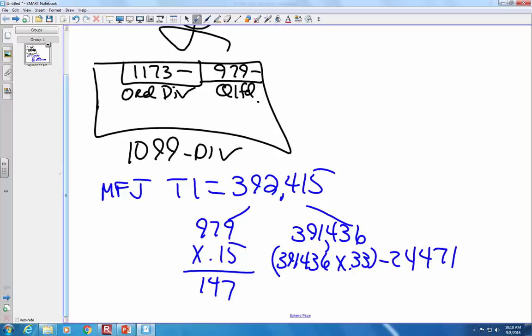And the math is take your TI times 33% and then subtract 24,471, right? So it looks to me like that number is 104,703. So my total tax, 104. Yep.